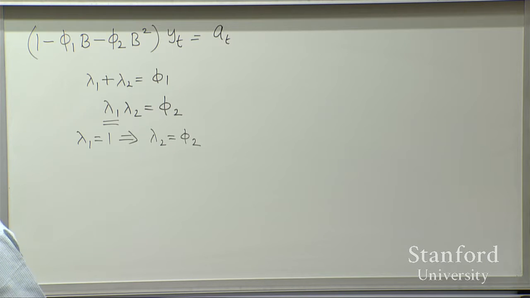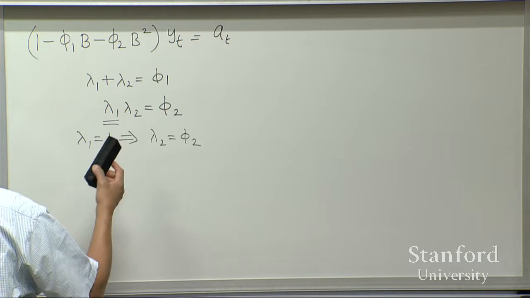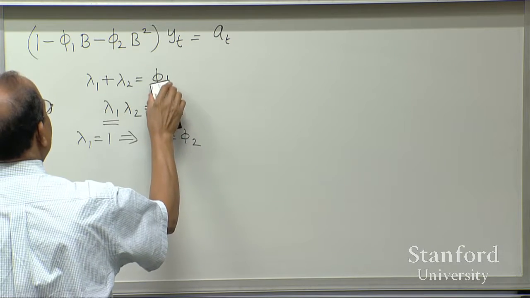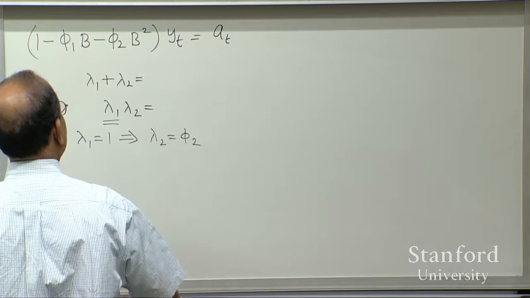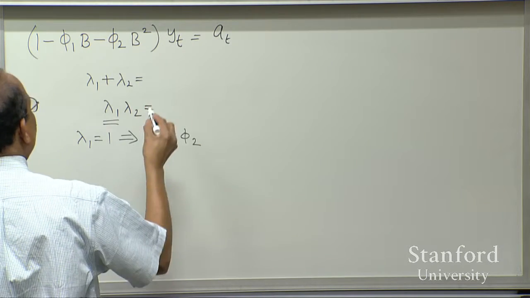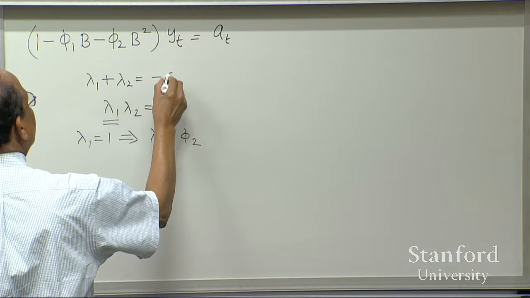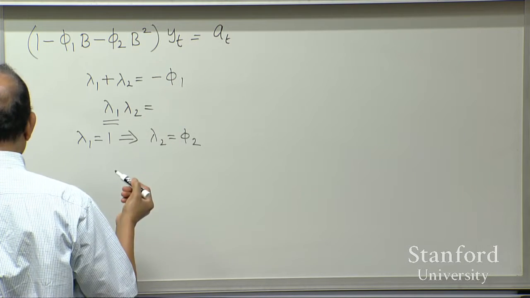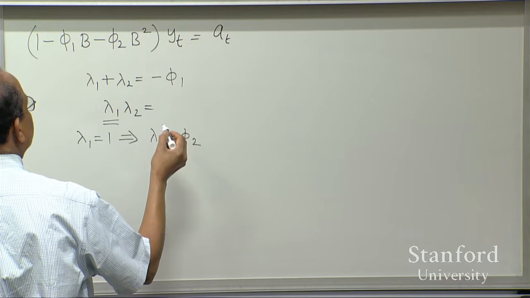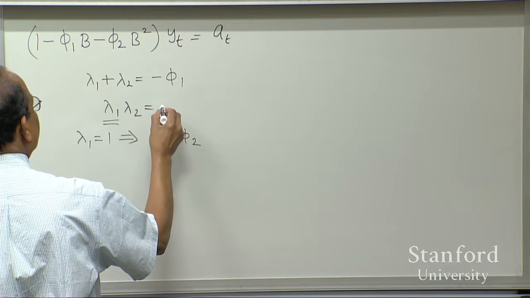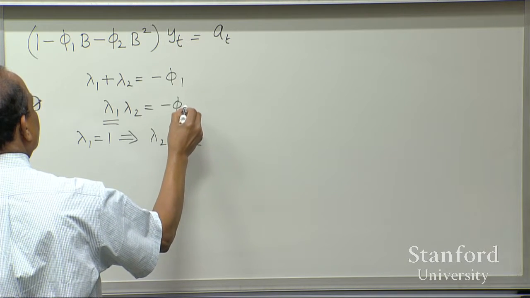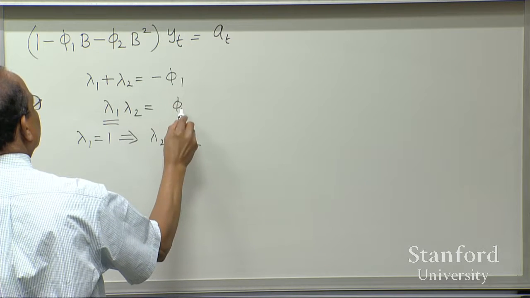Okay. Am I writing this correctly? I'm sorry, I think I should have written it differently, the signs were not correct. Lambda 1 plus lambda 2 should be equal to pi 1, and lambda 1 times lambda 2 should be equal to minus pi 2.